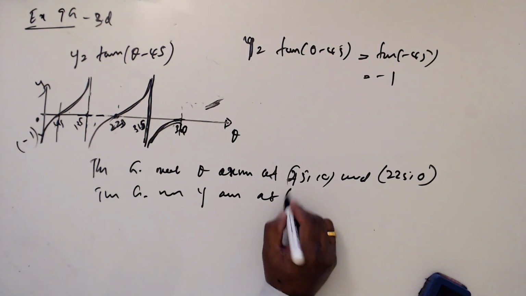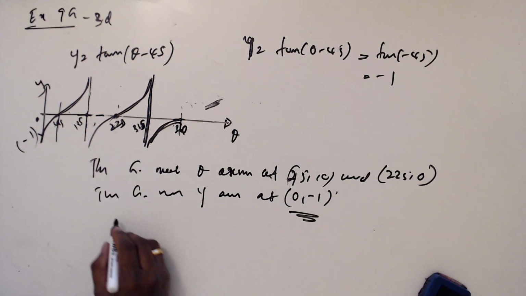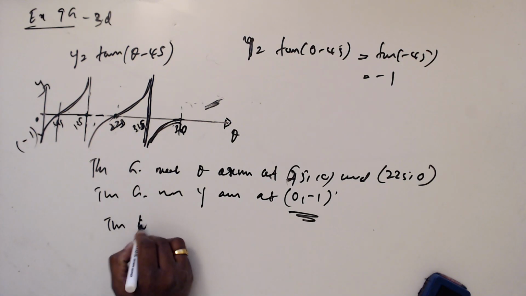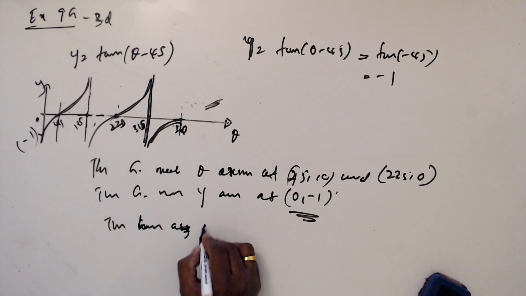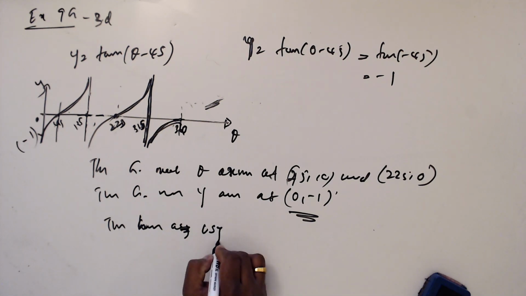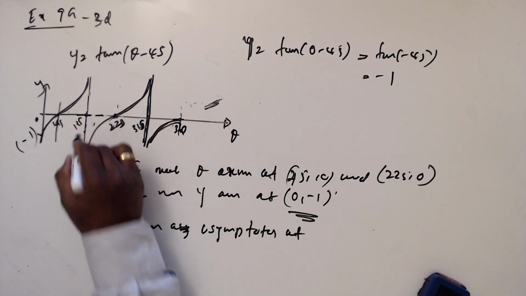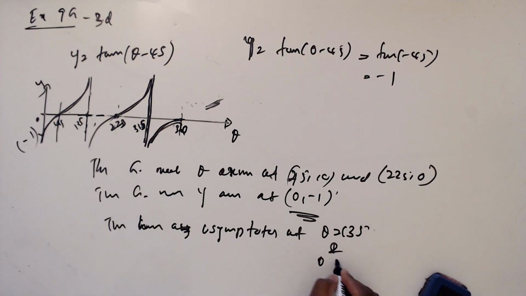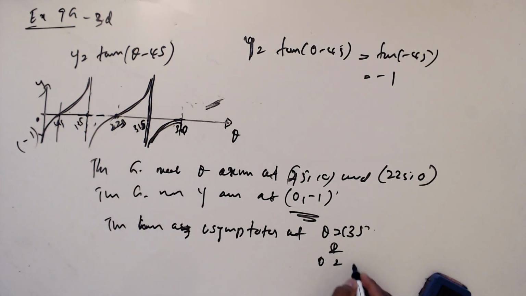So this is 0, minus 1. The graph has asymptote at theta equal 135 and theta equal 315.